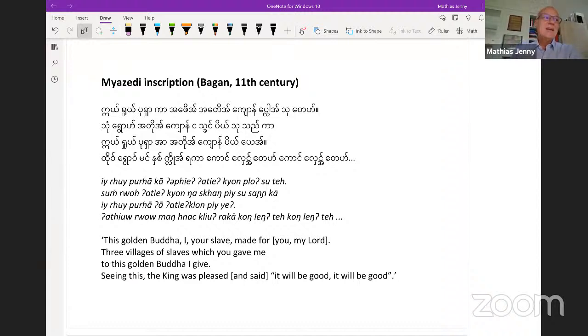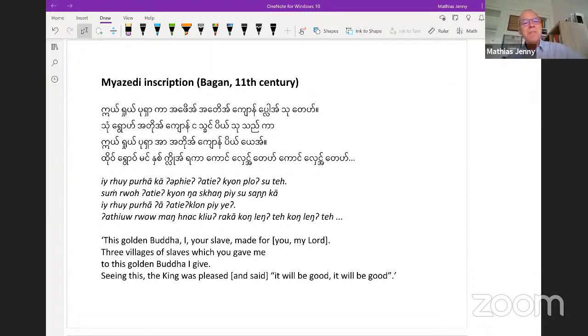Now, from the 11th century, we do have documents of Burmese. We do have inscriptions, we have manuscripts, we have mural paintings with writing. Now, the Myazedi inscription, probably the first inscription, the oldest inscription of Burmese.